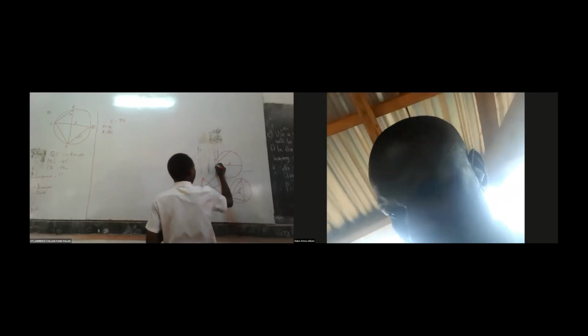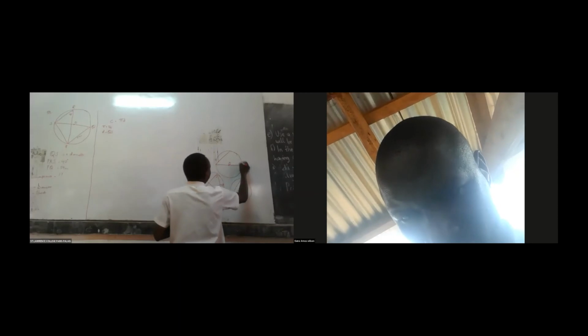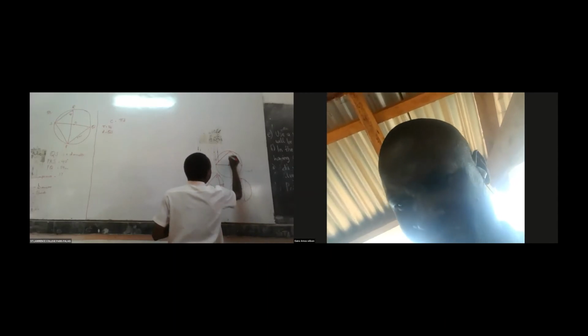If I draw a line from the last point of the diameter, joining it to the other point, this angle is always what? 90 degrees. So even if the circle is like this, and this is the diameter, even if I make this line come here, and this line meet it here, this angle is always what? 90 degrees.